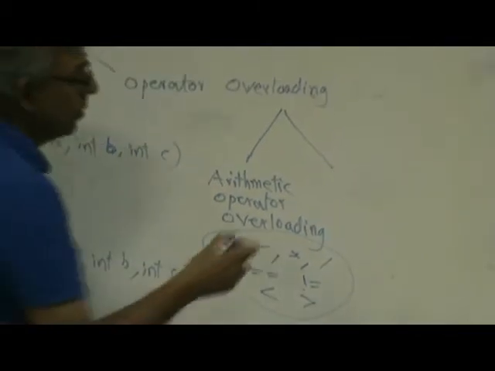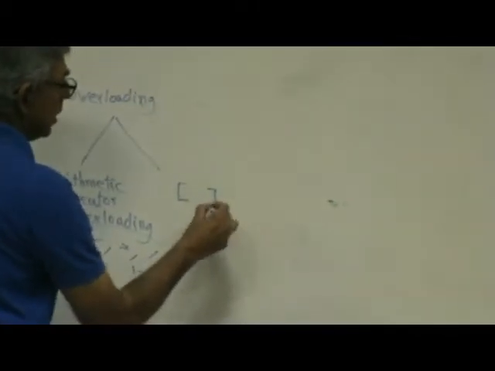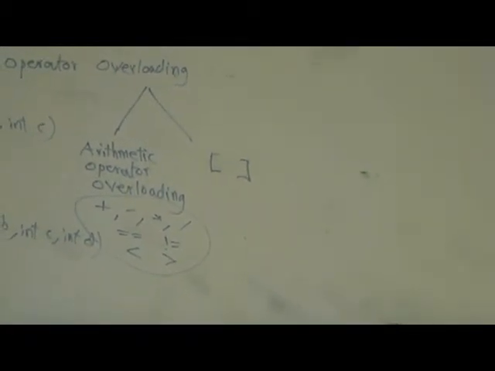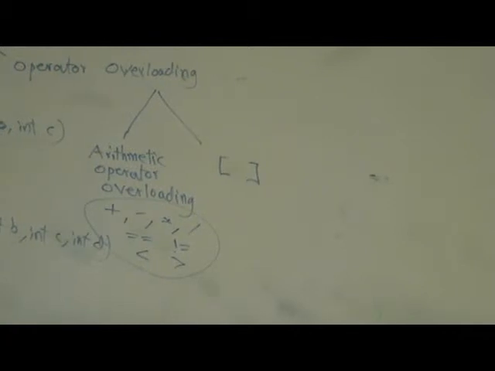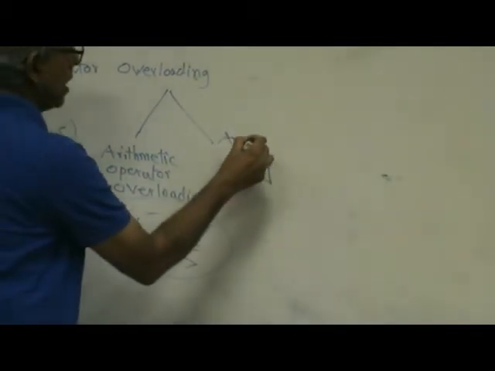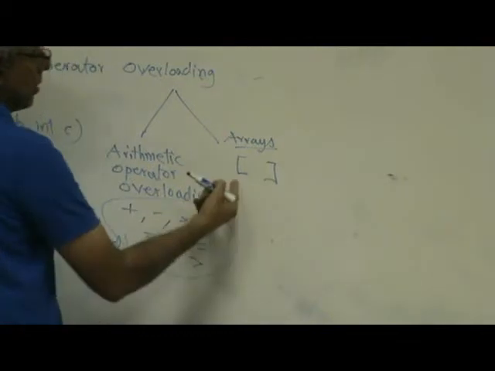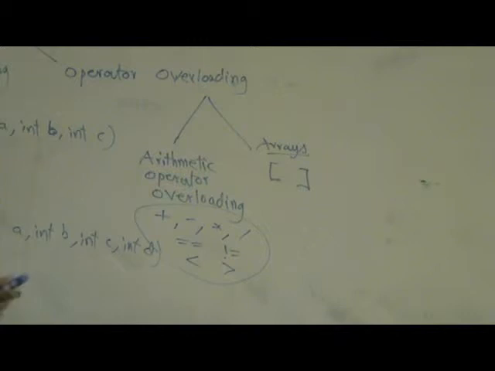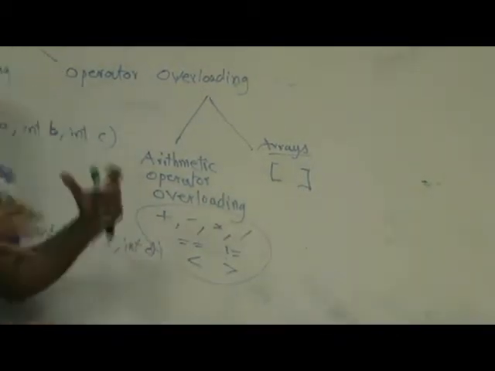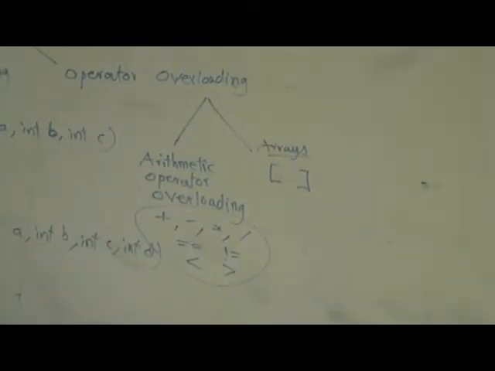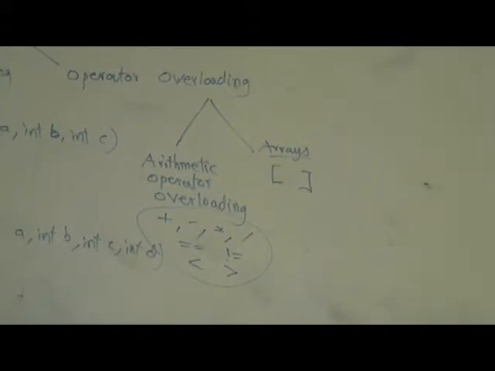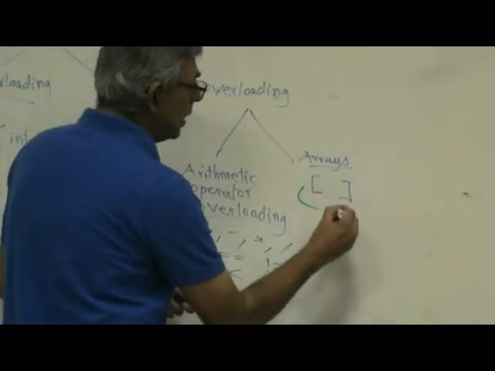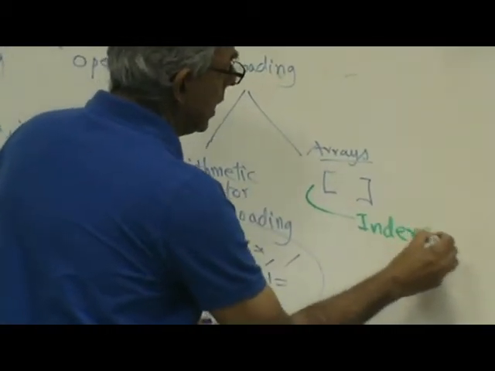We can also overload the square brackets, because remember, once we create arrays, we index them through square brackets. So for arrays, we use square brackets, and these can also be overloaded. Now in C++, the overloading for both of these is treated uniformly. C# divides these in 2 separate categories. When we overload the square brackets, the technical term is an indexer.